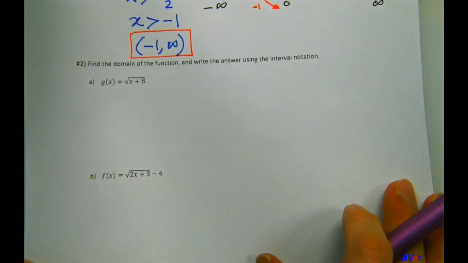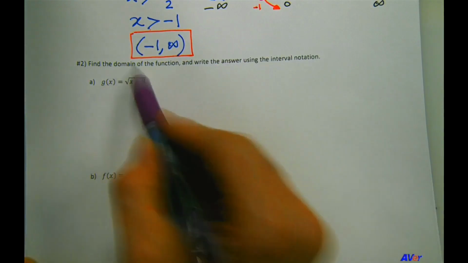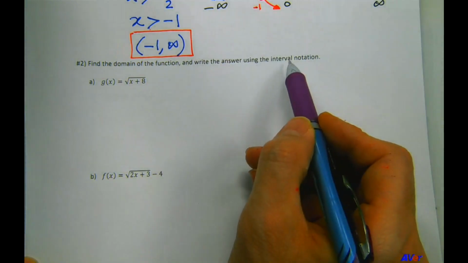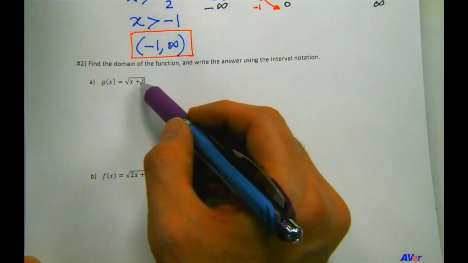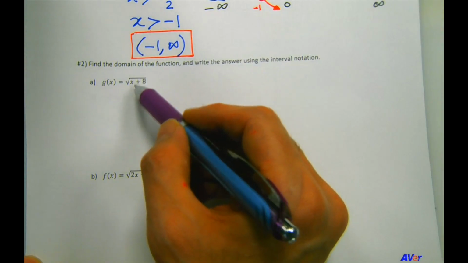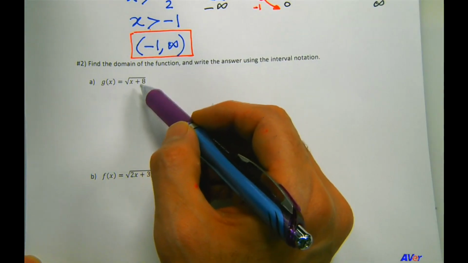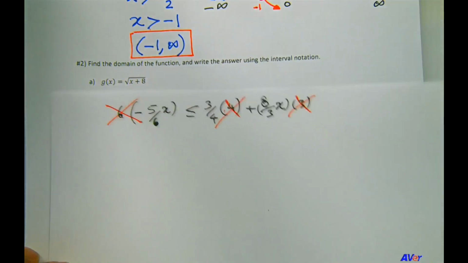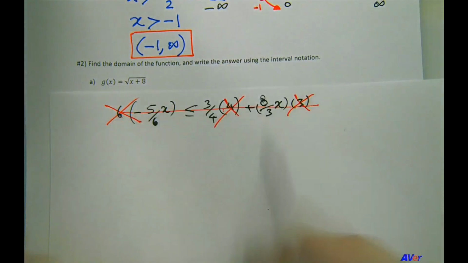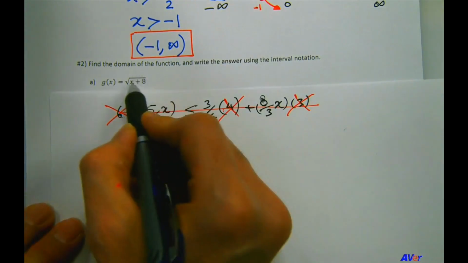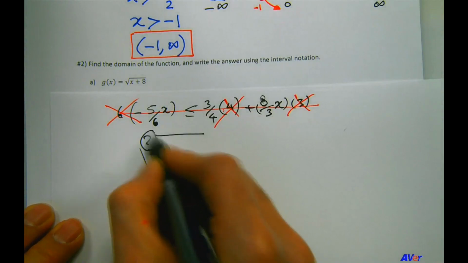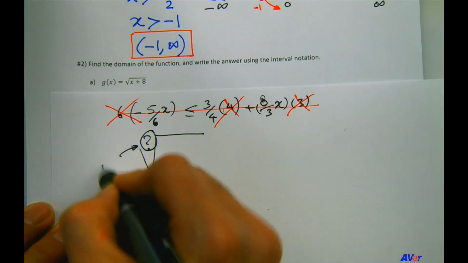Okay, so the next one is about finding the domain of these functions and writing the answer using interval notation. A square root is an even root, right? By that I mean, let me bring my scratch paper back here. This number that goes in here is called the index.